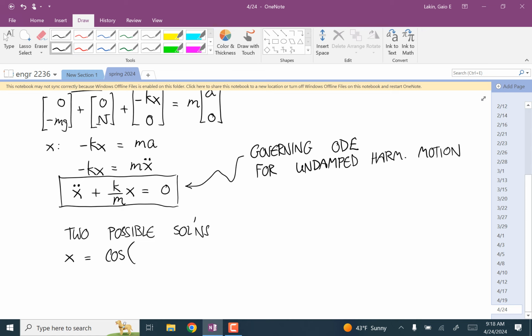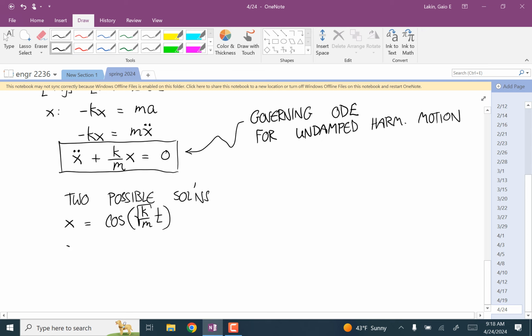Well, notice if your argument is square root of k over m times t, if we take the first derivative of that, we get negative square root of k over m times sine of that same argument.